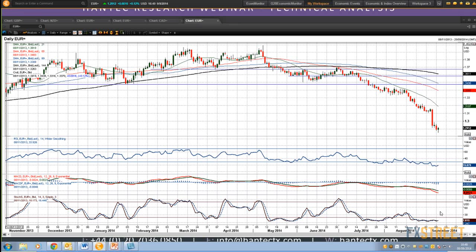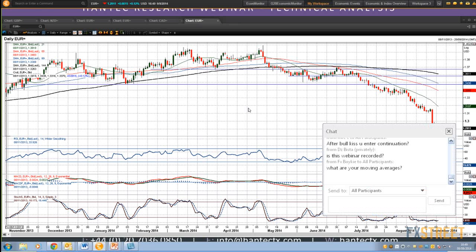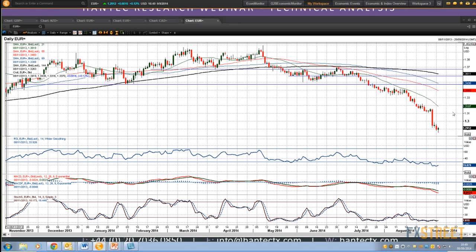There's no real prospect yet that the technical signals are suggesting a rebound in euro dollar, but at some stage, I believe there will be one, because, in my opinion, I know I'm a bit of a contrarian, and you can argue against that all you like, but I still believe that the stretched nature of these momentum indicators would suggest that at some stage soon there's going to be a fairly sizable rebound.